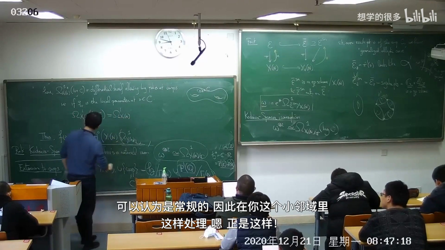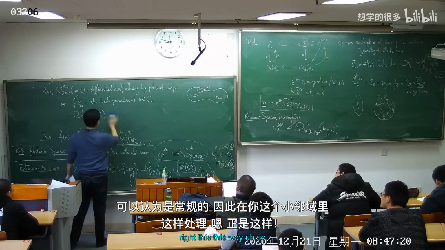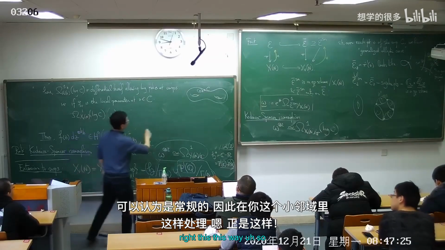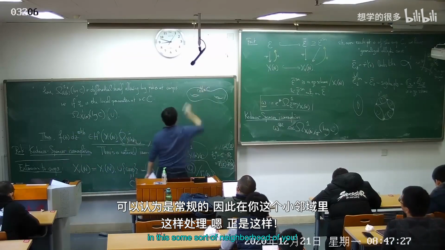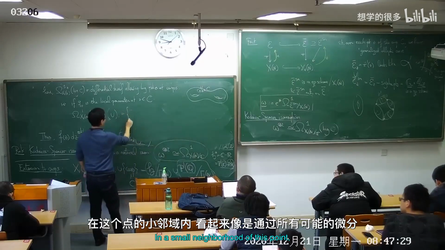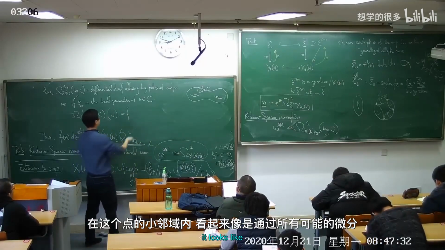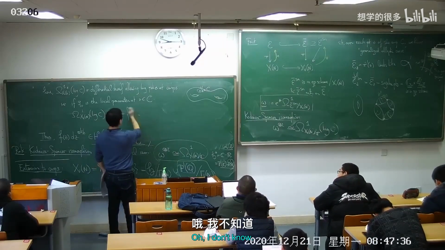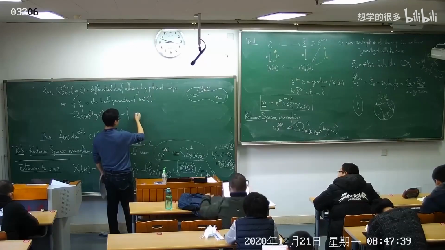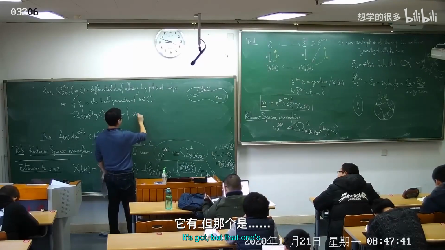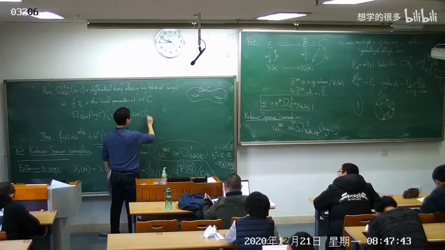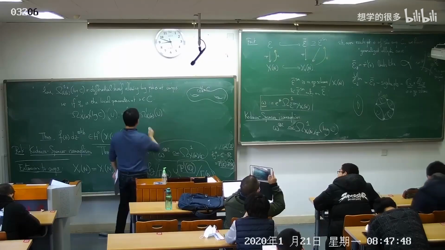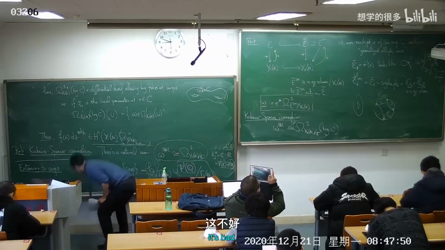Let me write it this way. In some small neighborhood U of this point, it looks like sort of all the possible differentials. Let me write omega. But anyways, it's the usual differential forms. Sorry, writing is bad.